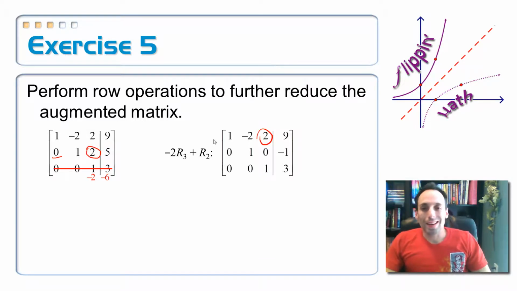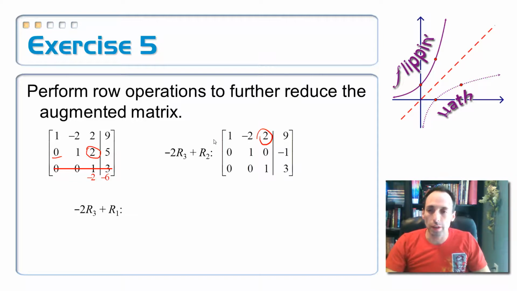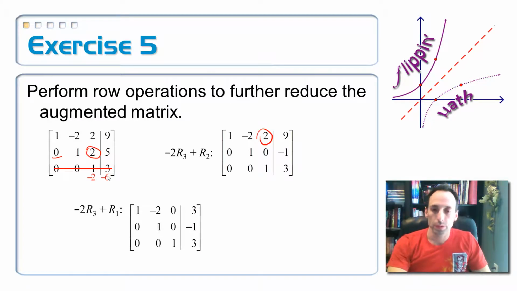So I'm going to do negative 2 times row 3 to replace row 1. Since I've already done the multiplication over there on the left-hand side, I'm just going to leave it right there. So my new top equation is going to be 1 plus 0 is 1, negative 2 plus 0 is negative 2, 2 plus negative 2 is 0, and then 9 minus 6 is a 3. Everything else stayed the same.